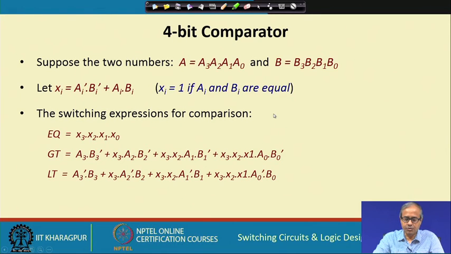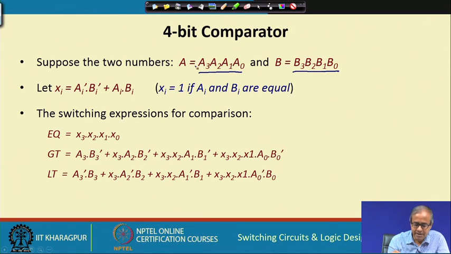Now, when we talk about a 4 bit comparator, suppose I want to design a 4 bit comparator. There are 2 4 bit numbers, A0 to A3 and B0 to B3, let us say. Let us introduce a symbol called xi, which is the equivalence of ai and bi, that means the XNOR function.